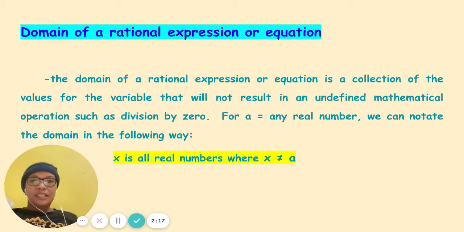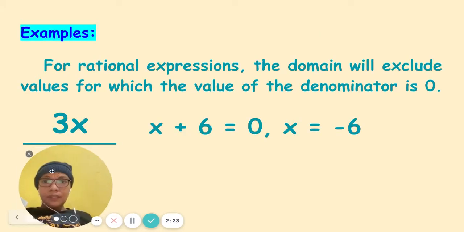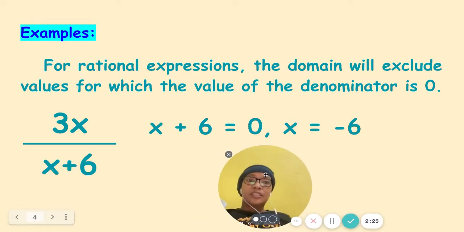So let's show some example. Kita po tayo ng mga example. So example, for rational expressions, the domain will exclude values for which the value of the denominator is 0. So for example, this rational expression 3x over x plus 6, how will you determine the value where your denominator will be 0?